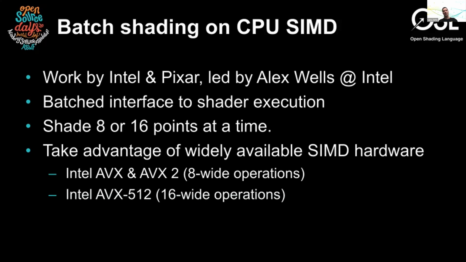The idea here is that the old style primary interface to OSL from a renderer standpoint of getting it to shade things is you're shading a point at a time. And so this is presenting a second interface where you can shade collections of either 8 or 16 points at a time, and do so very efficiently by taking advantage of SIMD hardware that can do 8 or 16 wide operations in one instruction each on some of the newer CPU hardware.